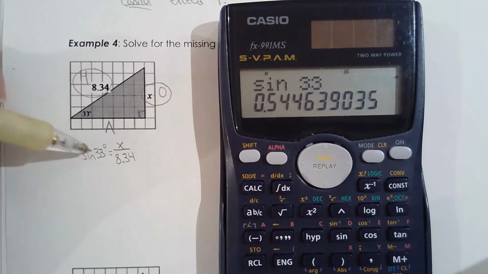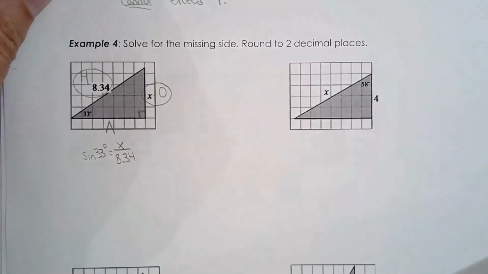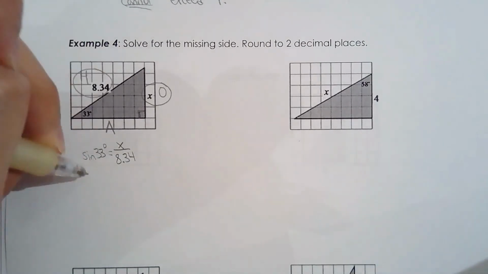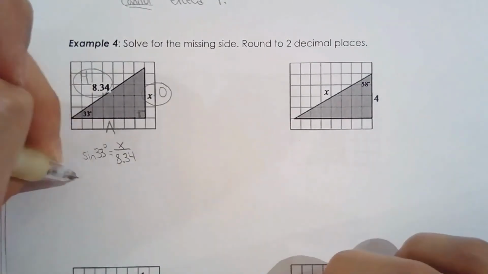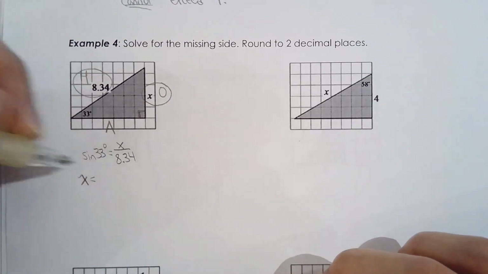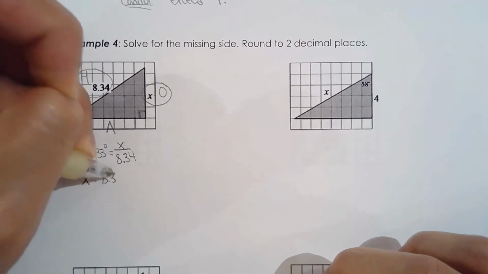Sine 33 degrees must be equal to x over 8.34. And if that's the case, we can use our basic algebra to solve for x. Multiply both sides by 8.34 and we're done. But it's all about linking what we're doing here with your knowledge of similar triangles.